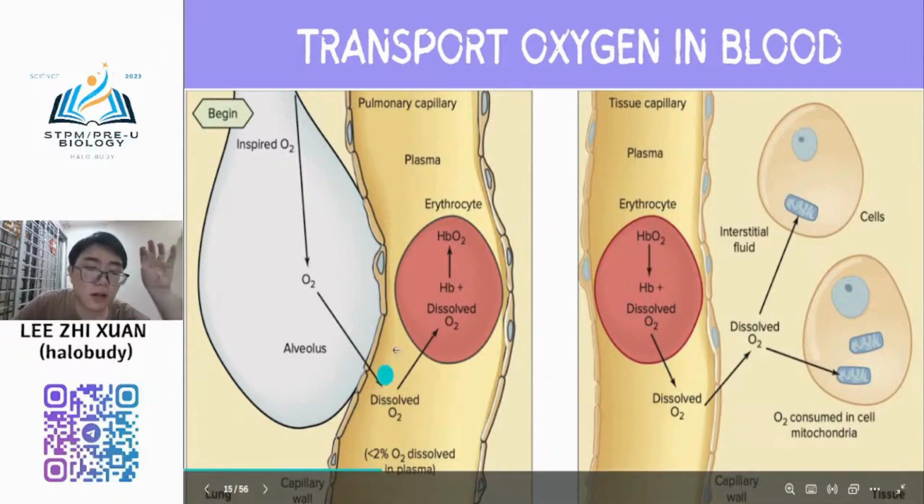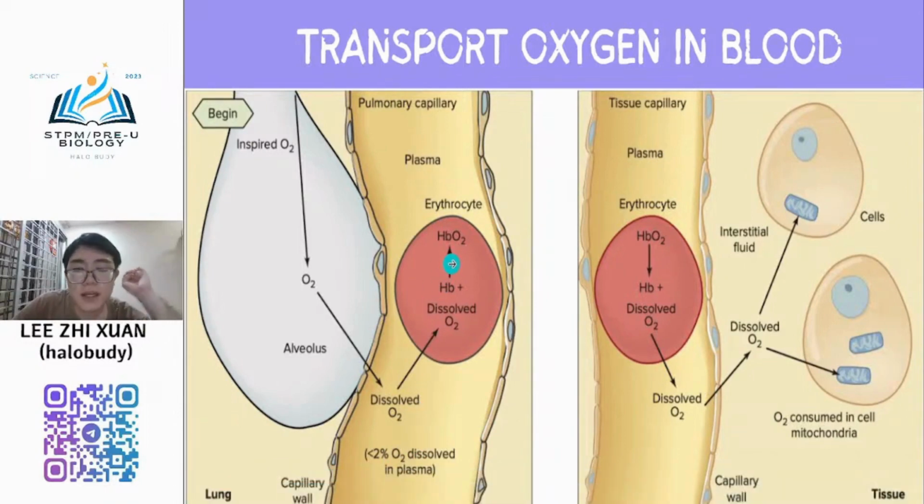In some cases a very little oxygen will dissolve in plasma, but we can ignore that. Almost all of the oxygen reacts with the hemoglobin and is transported by the hemoglobin. I think that's all for transport of oxygen in blood. This is very easy.